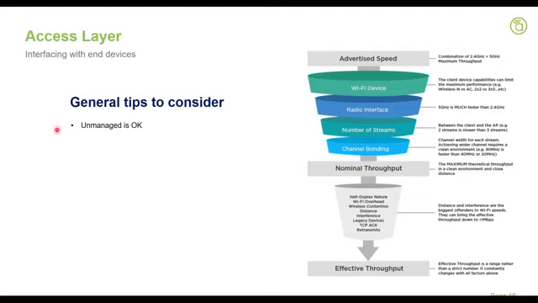So from the access layer perspective, the unmanaged switches here make sense from a cost effectiveness and just ease of deployment. And I would account for 20 to 30% port expansion in the future for any access switch, unless it's a really special case. So if you have a PoE switch, for example, as an access switch, and you have a requirement of 8 cameras or 7 cameras, I would not get an 8-port PoE switch.